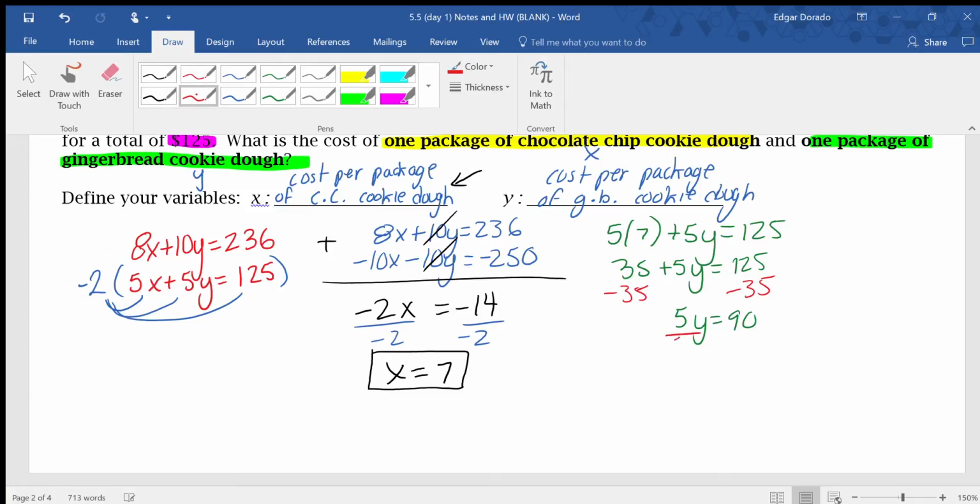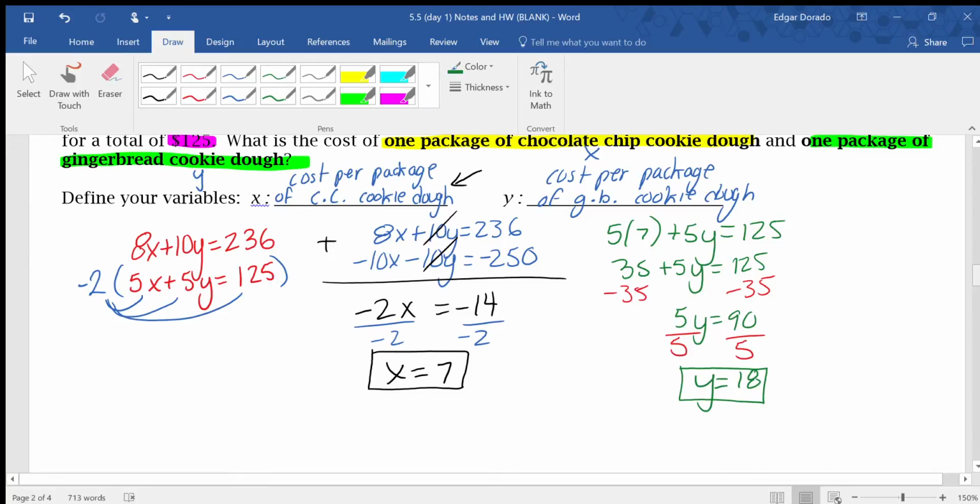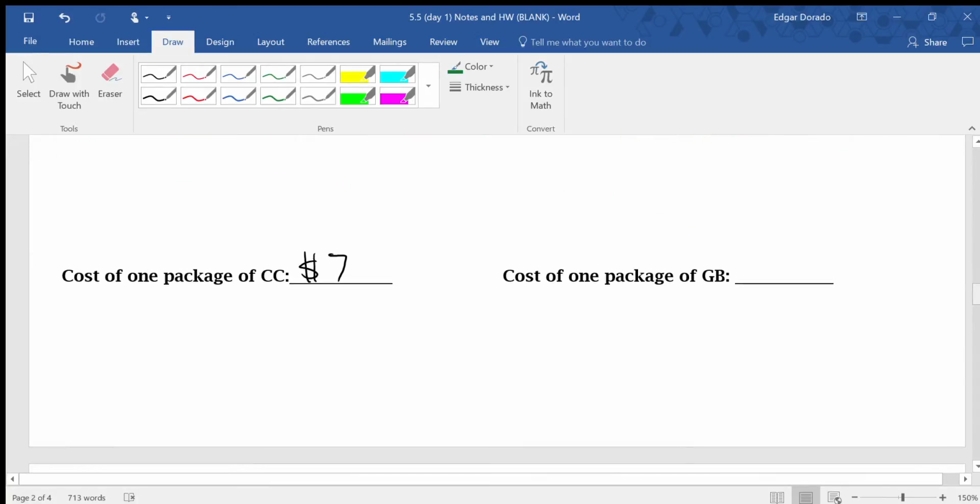Finally, divide by 5, so we get y equals 18. Okay, so it looks like my gingerbread cookies will cost $18.